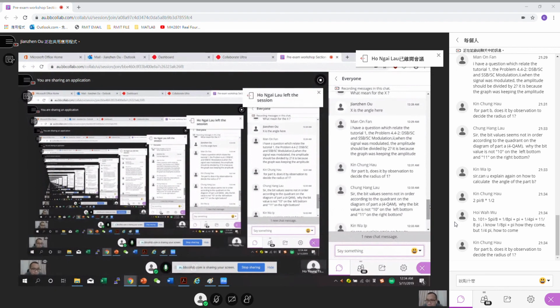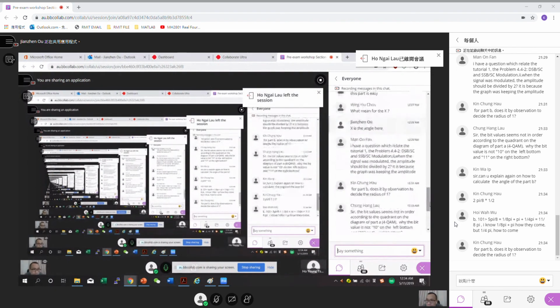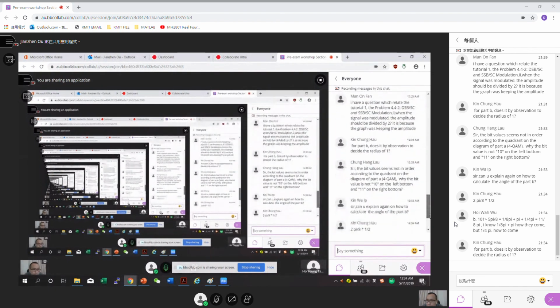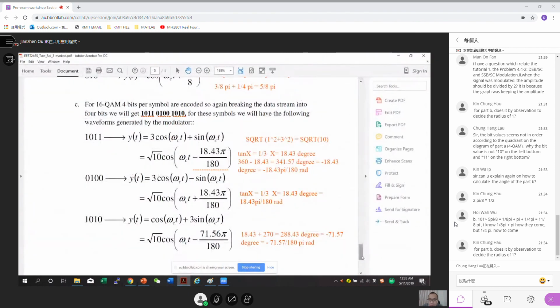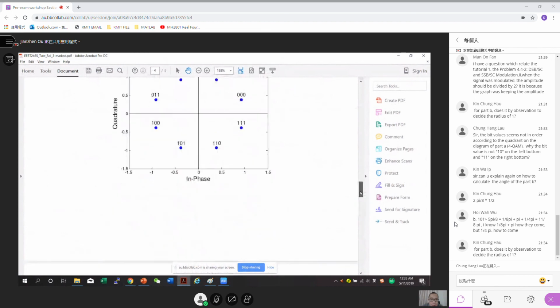And for Chung Hang, for QAM, actually you don't need to worry about the 10 or 11 positions at all, because it all depends on the questions.